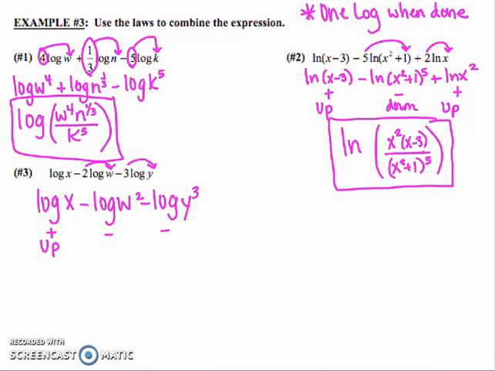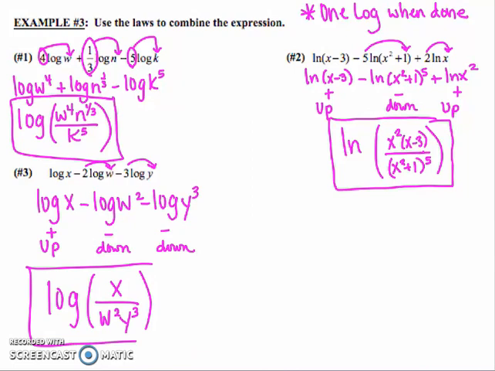And both of these are negative, so I know that both of these are going to be downstairs in my quotient. All of my bases here are 10, so I'm ready to go ahead and condense to one log. Upstairs I have x, and downstairs I have w squared and y cubed. And that's my final answer.